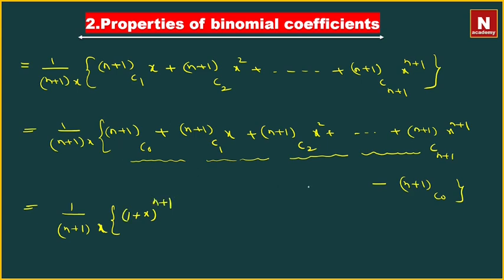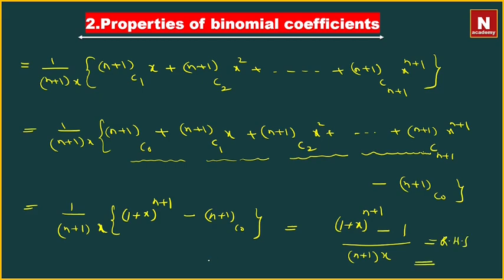This underlined part is the expansion of 1 plus x whole power n plus 1, minus this part as it is, n plus 1 C0. We know that n plus 1 C0 value is 1. That's why this is equal to 1 plus x whole power n plus 1 minus 1, divided by n plus 1 into x. This is RHS. This is property number 7.